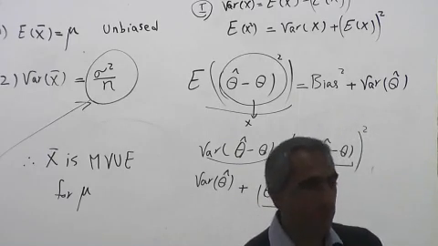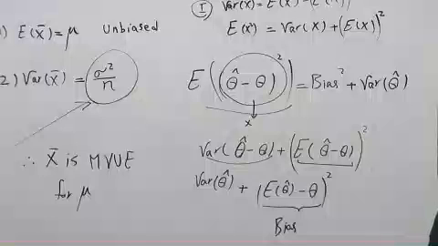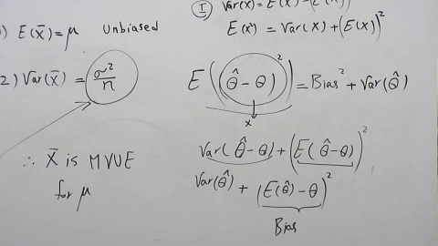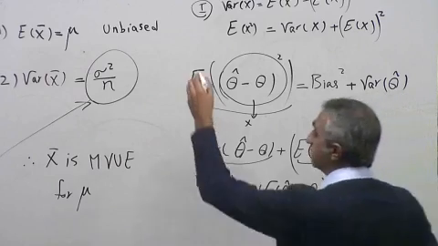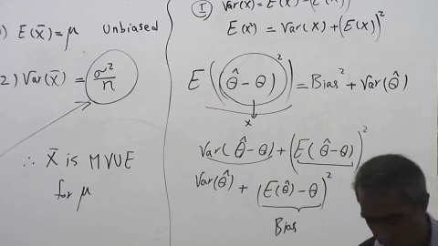It's called mean square error. Any questions? Are we good here?